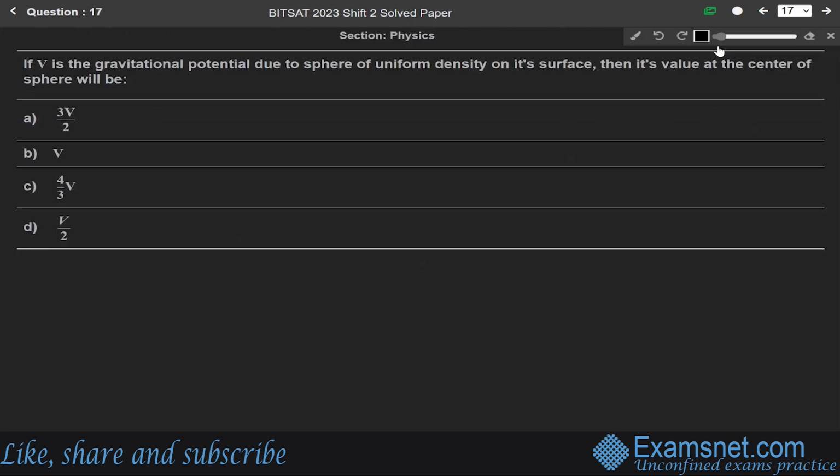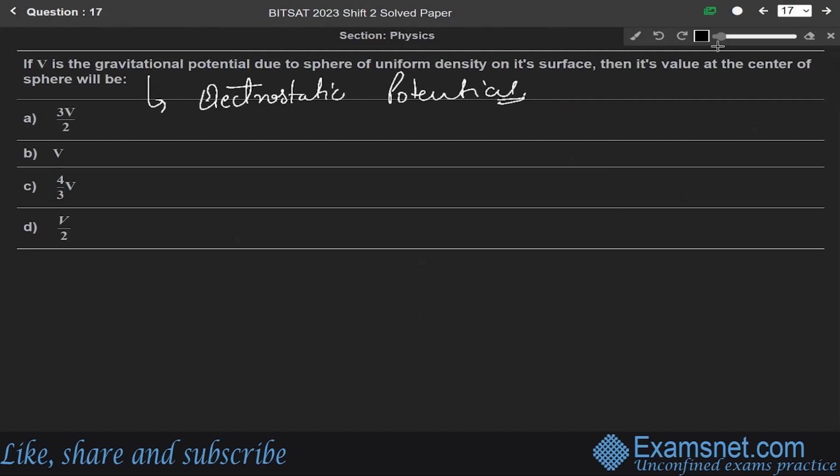Now next question 17. If V is the gravitational potential due to a sphere of uniform density on its surface, then its value at the center of the sphere will be. So this question is from the chapter of electrostatic potential. We have to find the value at the center of the sphere.